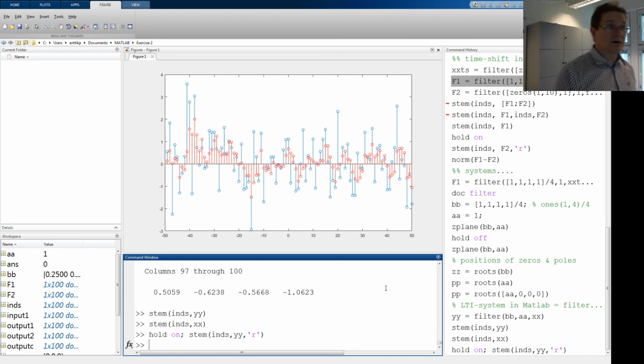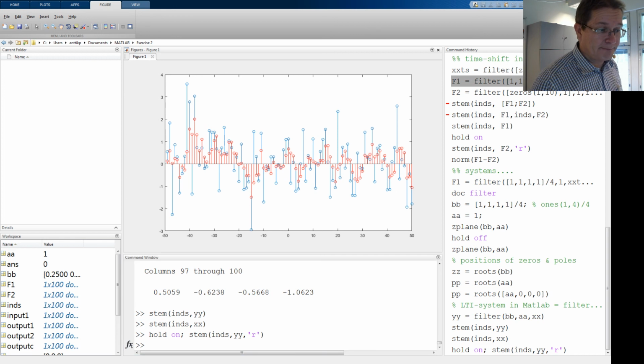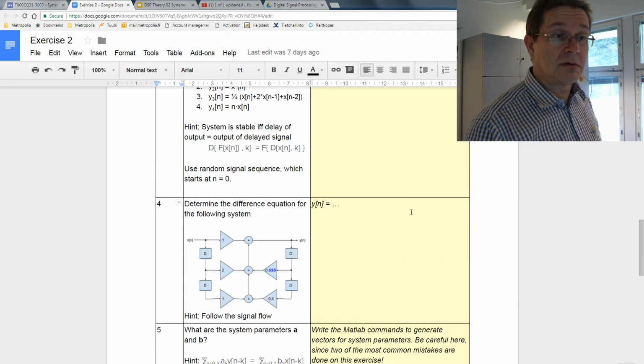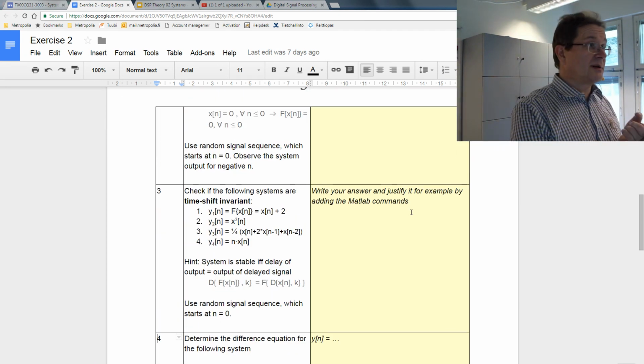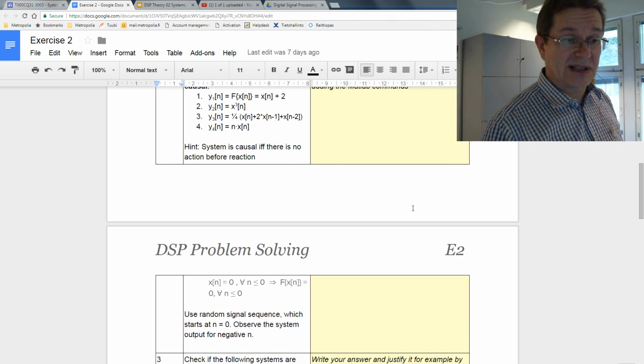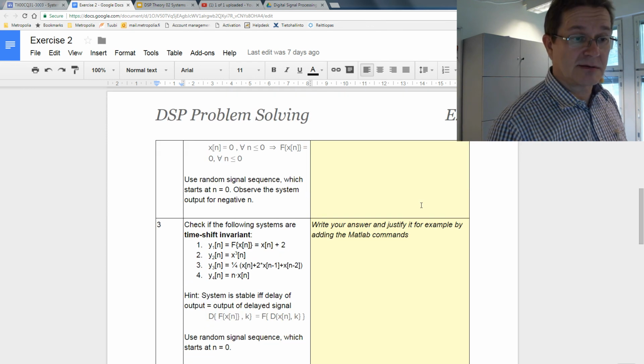All right. So, okay, that concludes this part of the exercise. So now you have some time to start working on those exercises on your own. So first three fundamental properties: linearity, causality, time shift invariance.